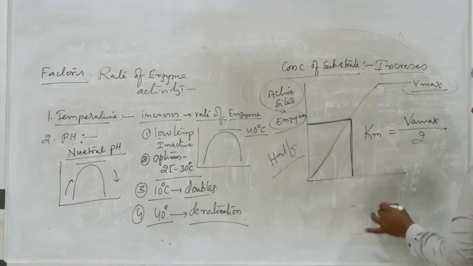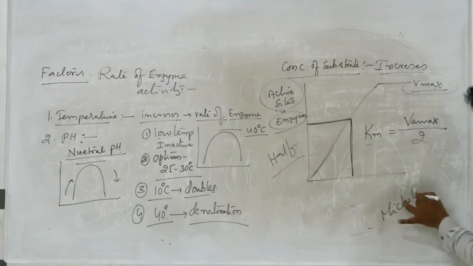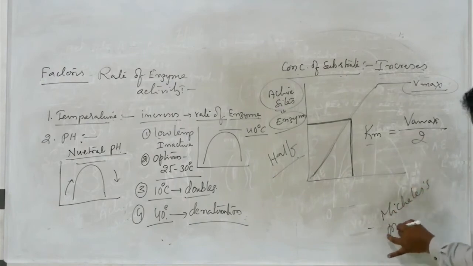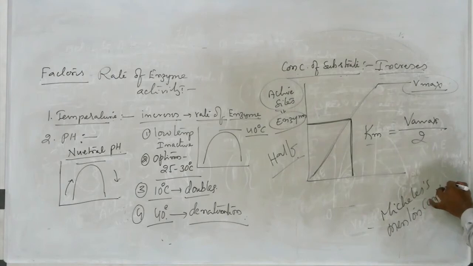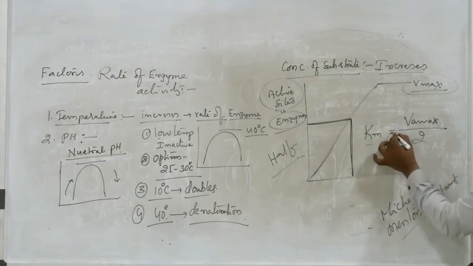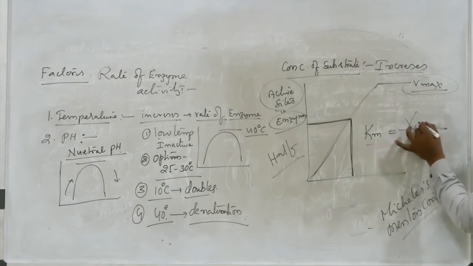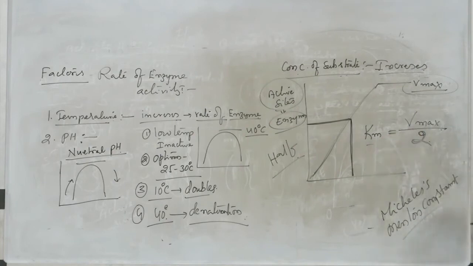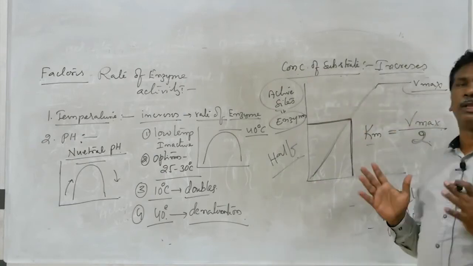Km means the Michaelis-Menten constant. So the Km value is equal to Vmax by 2. What is the meaning of Km? Km is equal to the Michaelis-Menten constant.